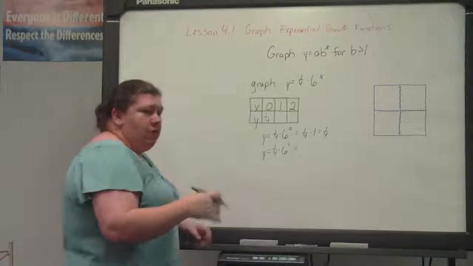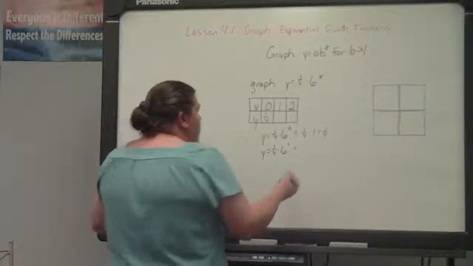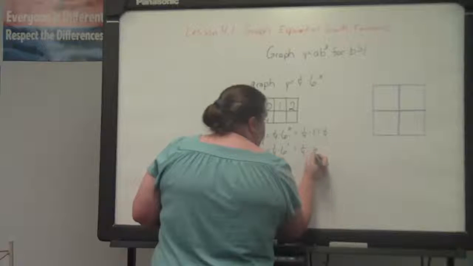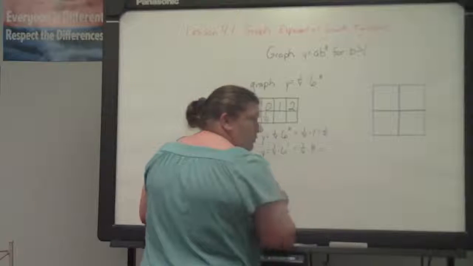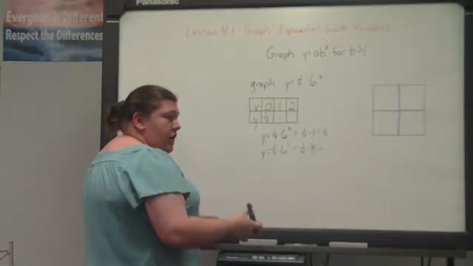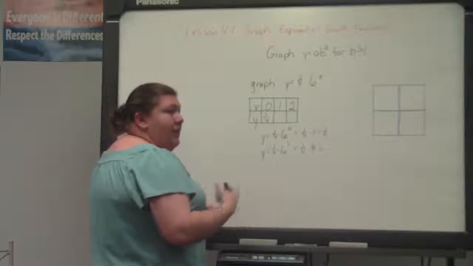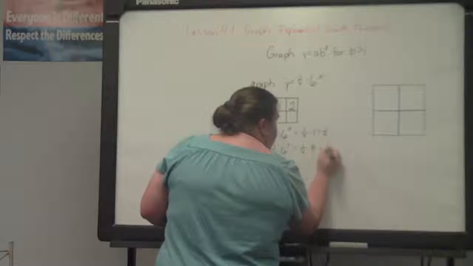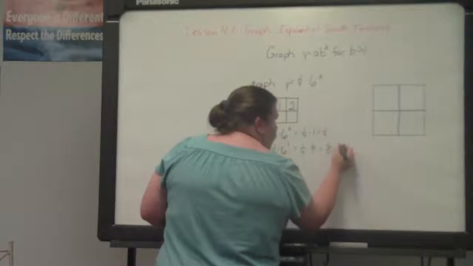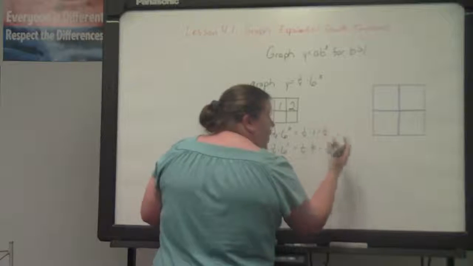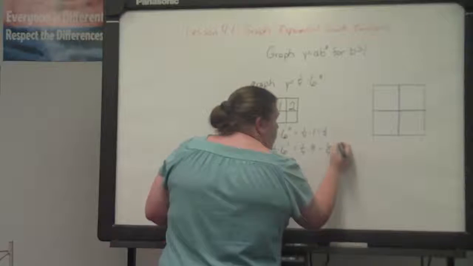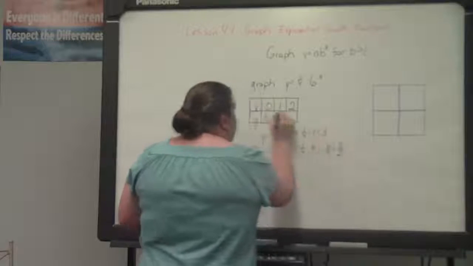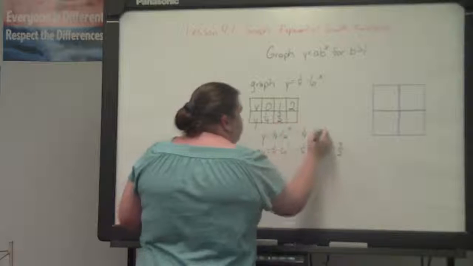Anything to the first power is itself. And so I can say this is 1/4 times 6 over 1, because any whole number can be made into a fraction by putting it over 1. So I can now say 6 over 4, which I can reduce down. When I divide 6 by 2, I get 3. When I divide 4 by 2, I get 2. So my answer is 3/2.